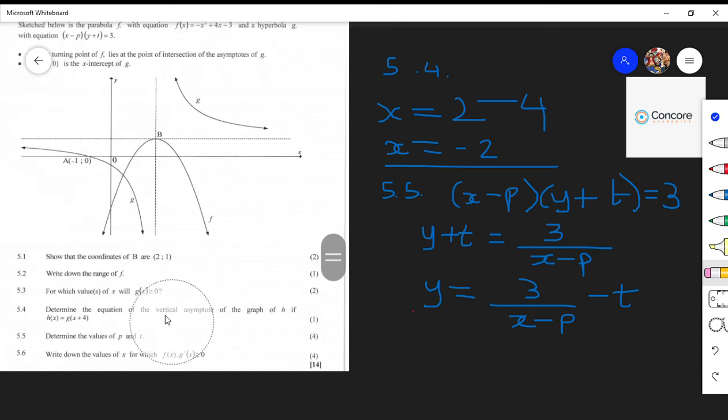So back to the question, they asked us to determine the values of p and of t. So what we can do is, remember, p and t are both asymptotes, right? So p is our vertical asymptote and t is our horizontal asymptote.